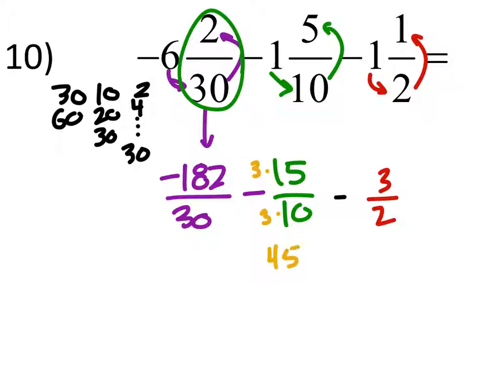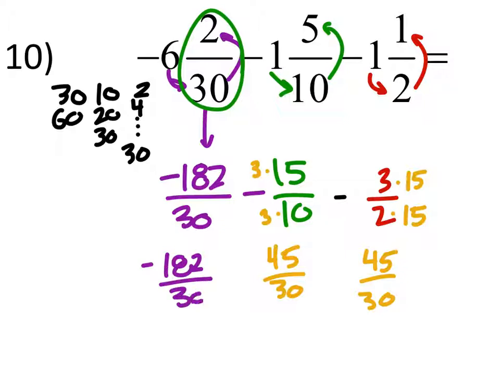That's 45/30. And the 2 would have to multiply by 15, and the 3 by 15 as well. 45/30. Oh yeah, they gave us the same number there. And of course, we got the negative 182 over 30, minus this other stuff.